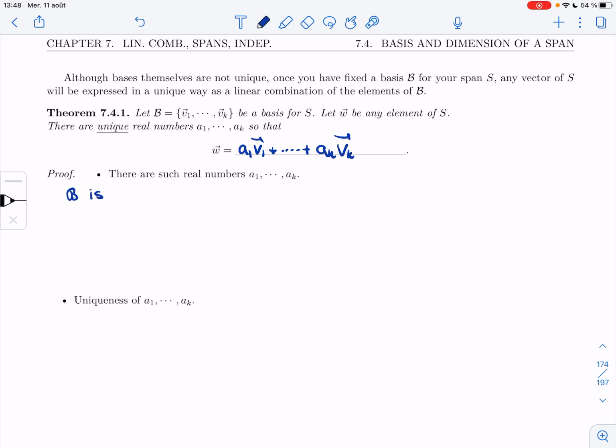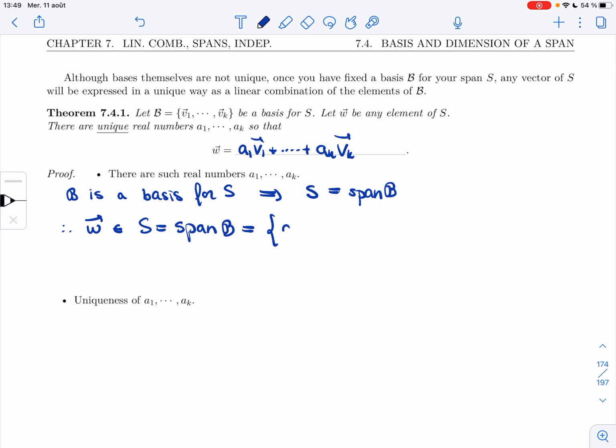B is a basis for S. That's what I'm given. That means by the first condition, S equals span of B. So W is in S, so it's in the span of B. And if I spell out the span of B, just to remind you of what it is, the set of all linear combinations.